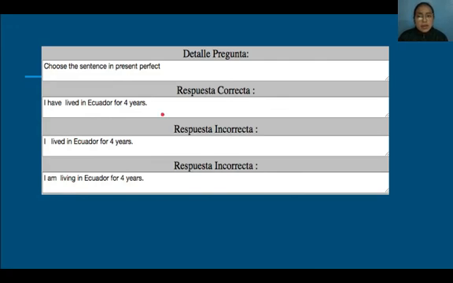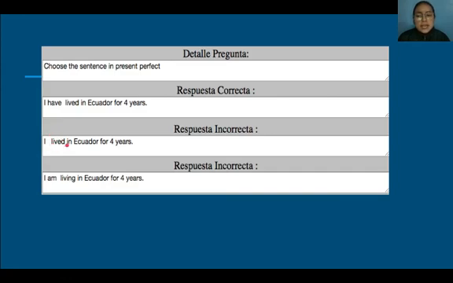Why? Because when you use present perfect, you have to use the auxiliary. In this case, you have to use has or have. Excellent. I have lived, the auxiliary and the verb in past participle. The second sentence, I lived, only the verb is in past.